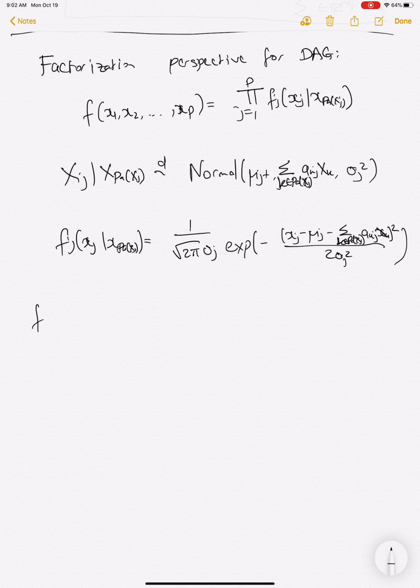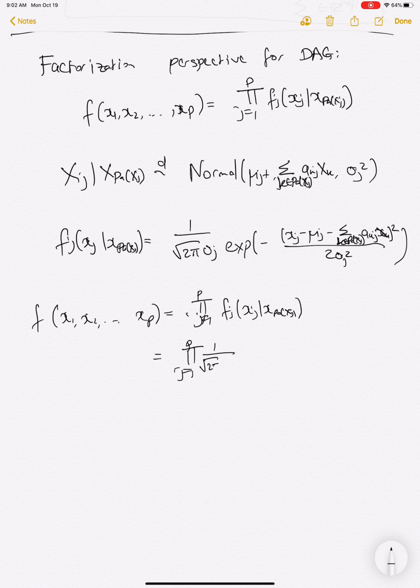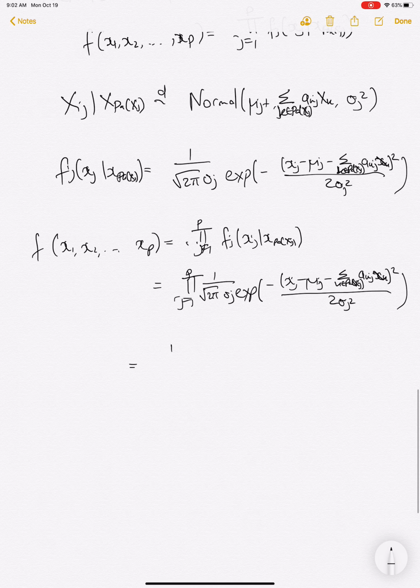Okay, and so if we now use this factorization formula, then we can rewrite this as, okay, and so I'm just rearranging here.